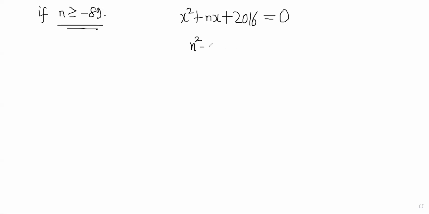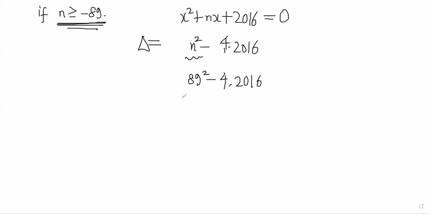The discriminant is n squared minus 4 times 2016. And in that case, n is greater than or equal to minus 89. So n square will be at most 89 square minus 4 times 2016. So you will realize that this is actually negative, right?